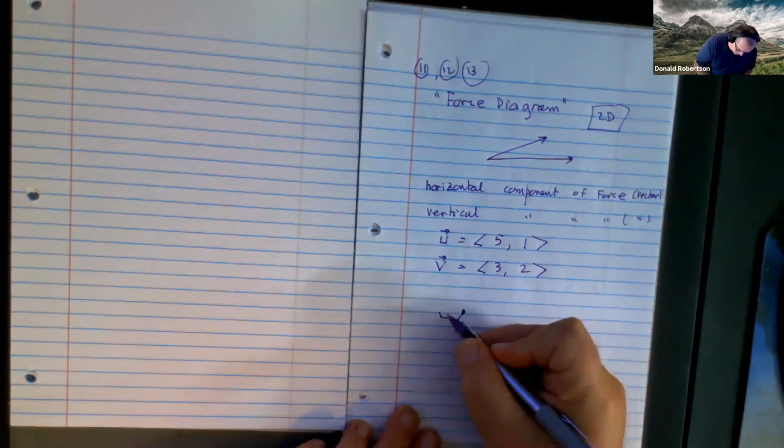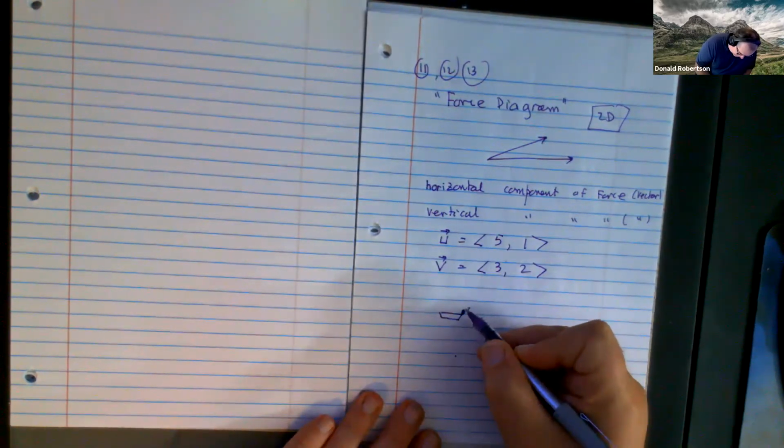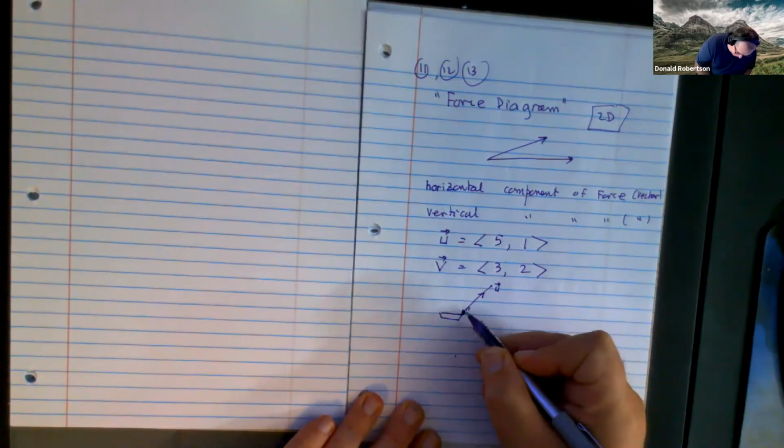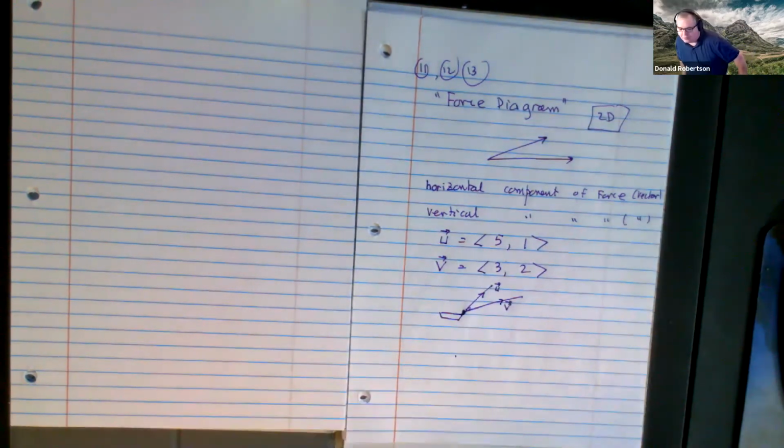So here's a boat, and the vector u is pulling like that, and the vector v is kind of pulling, and as I say, these are not drawn to scale, is pulling like that. Wouldn't we like to know the resultant vector? What you get when you add them?